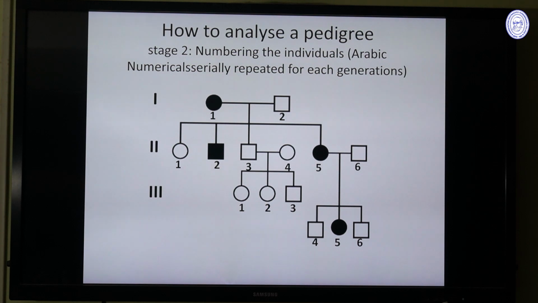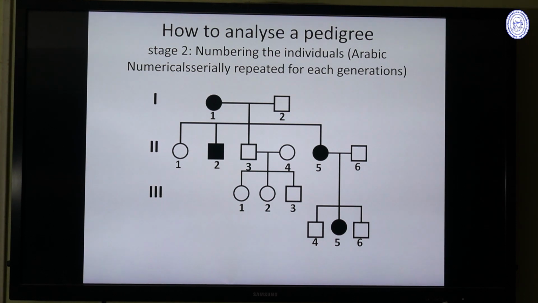Now, coming to the next step, every individual should be numbered by Arabic numerals. In the first generation we have 2 individuals, one female and one male, so we have numbered them 1, 2.